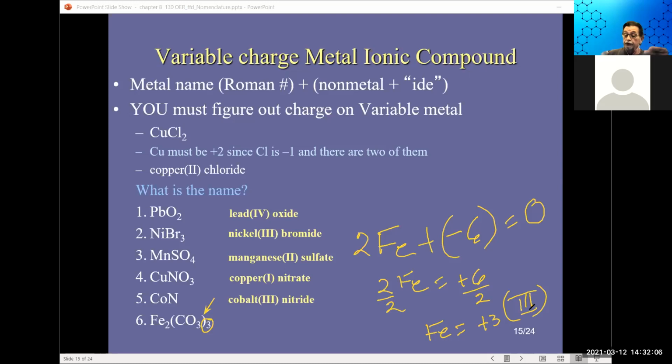Now, you could do this algebraic equation like we just did to solve what the oxidation number is for iron. But look at this. The subscript of the anion, which is a 3 circled over here, ends up to be the charge for the iron, the cation.